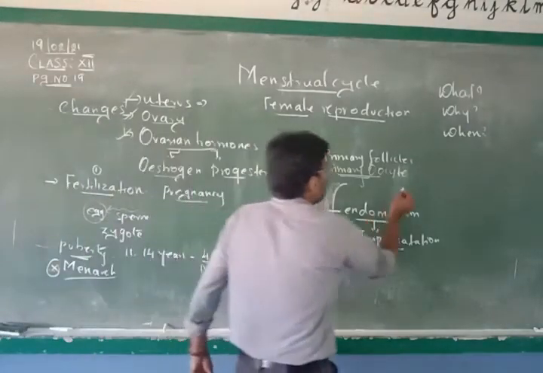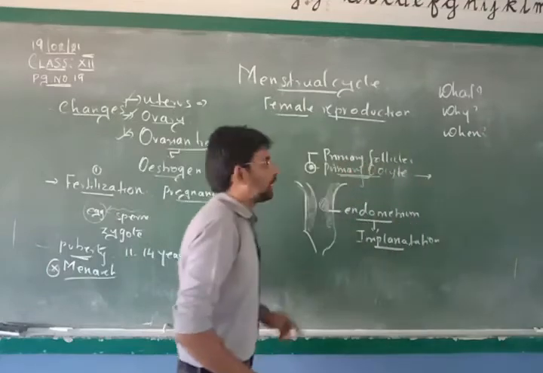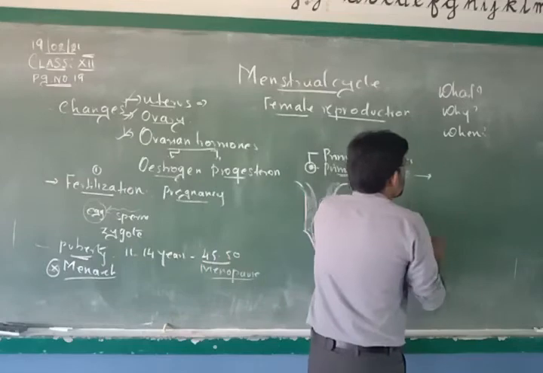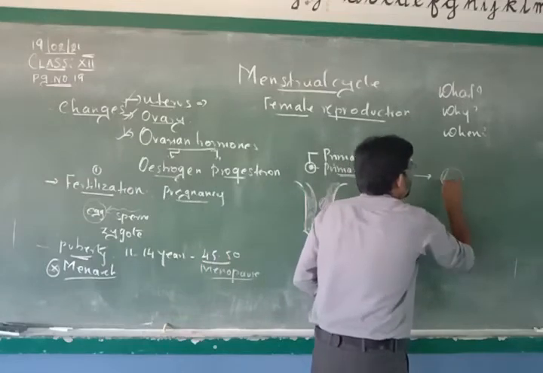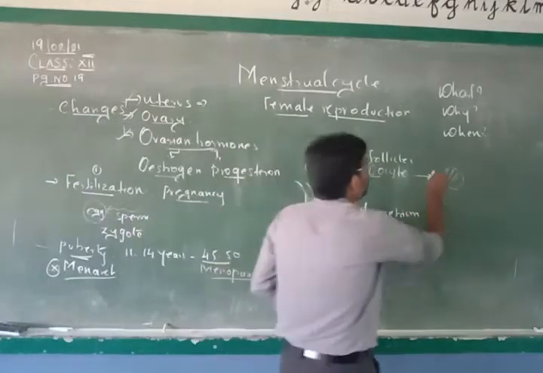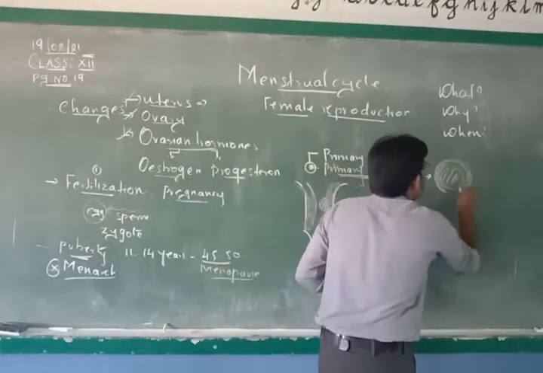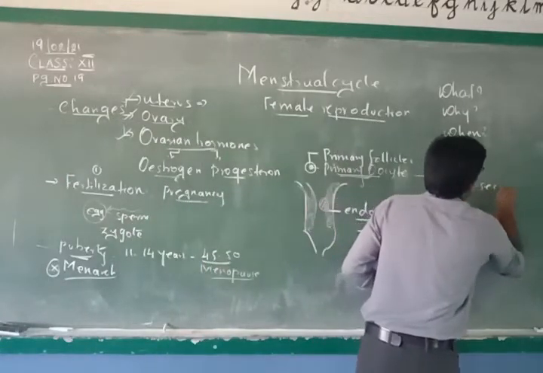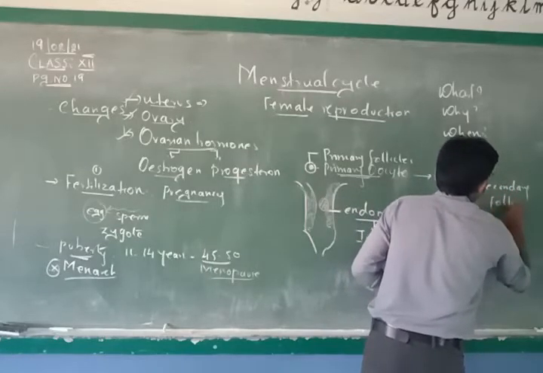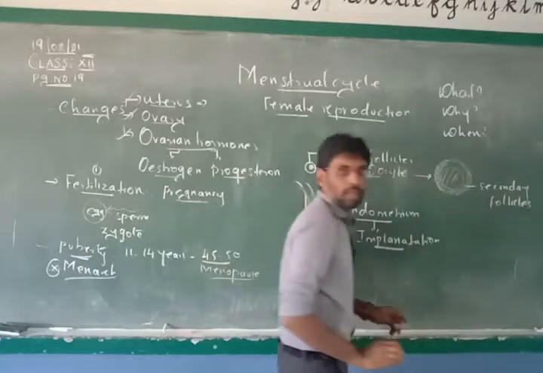Now, after puberty, this primary follicle or the primary oocyte will enlarge in size. When it is getting enlarged, this primary follicle will be converted into another structure called secondary follicles. Okay?